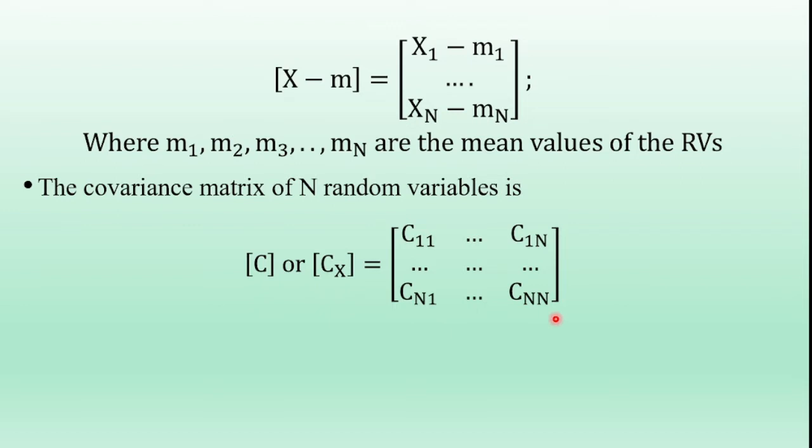So this is the covariance matrix expression for capital N random variables. X minus M transpose is the transpose of the matrix X minus M, which is obtained by interchanging rows with columns and columns with rows.